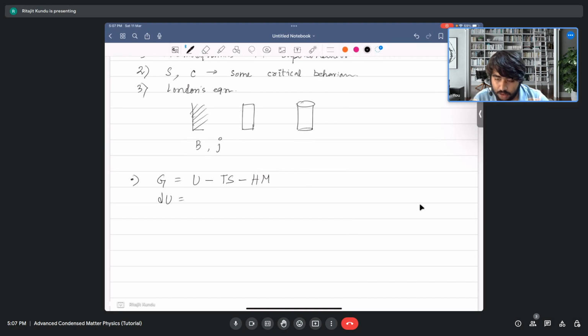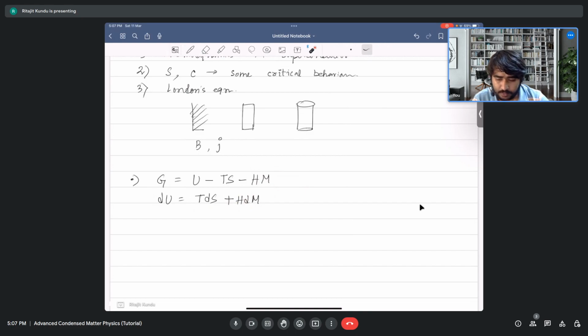This is one of the thermodynamic equations that we will use, and the other one is dU is equal to T dS plus H dM. So this internal energy has the entropic part which is always there for all systems, and this is the additional term for the magnetization and external magnetic field.